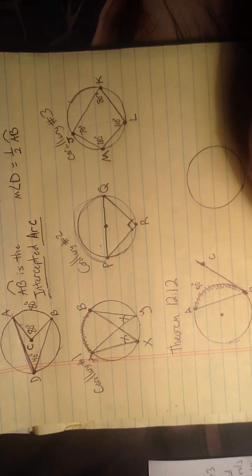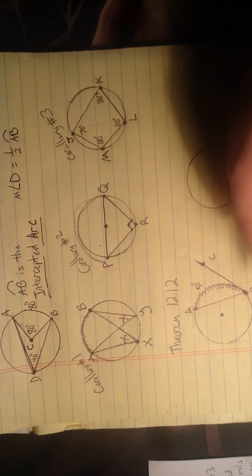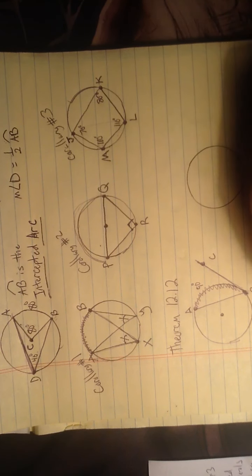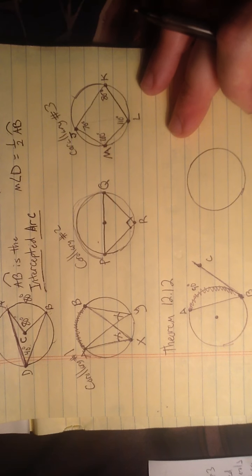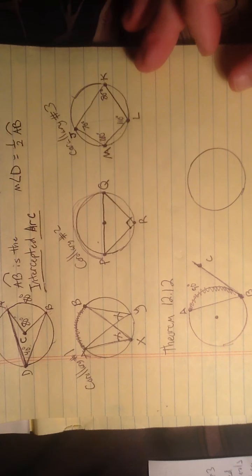So if the arc is 90 degrees, take half, and so the measurement of ABC would have to be, of course, 45 degrees. It's just half.